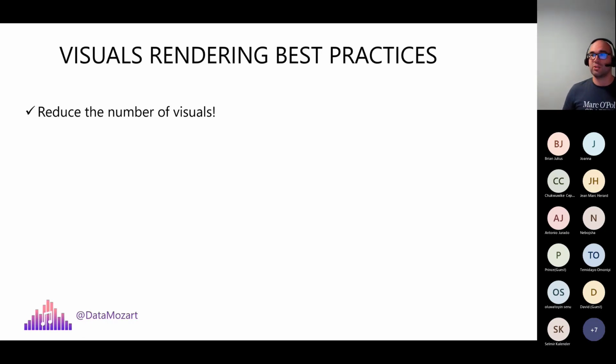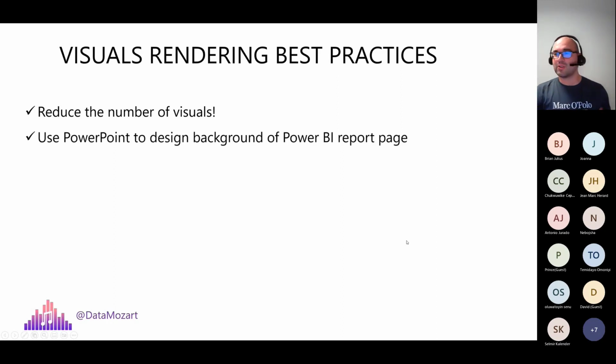If you don't need the visual, simply remove it from the page. Also, having multiple non-data related items such as shapes, images, or text boxes will impact the rendering time. Therefore, if you plan to have a lot of those shapes, icons, and images, consider using PowerPoint.